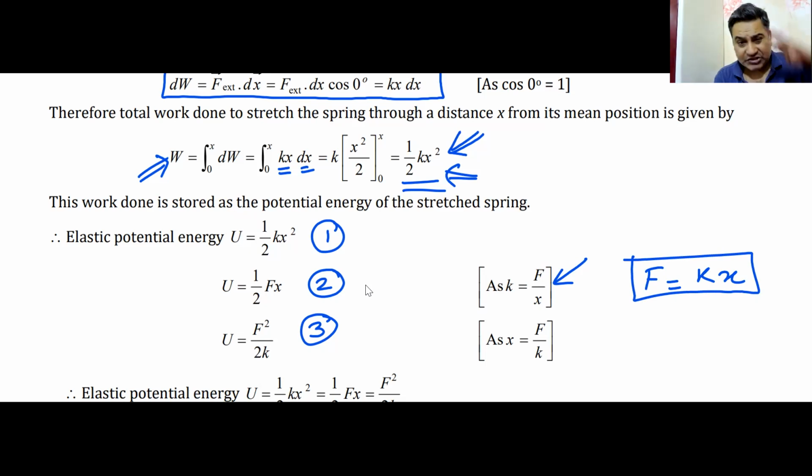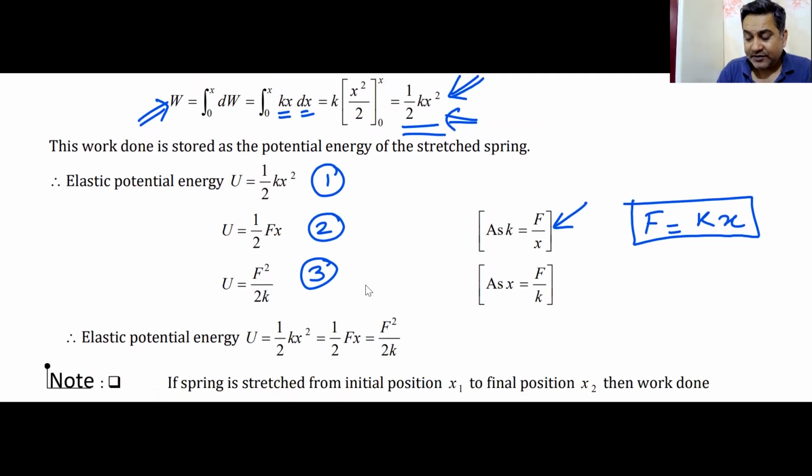That will give me three different formulae for energy stored in the spring. The first formula is half kx squared. It has only k and x. The second formula is half F and x. It does not have k. The third formula is F squared by 2k. It does not have any x coming into the picture.